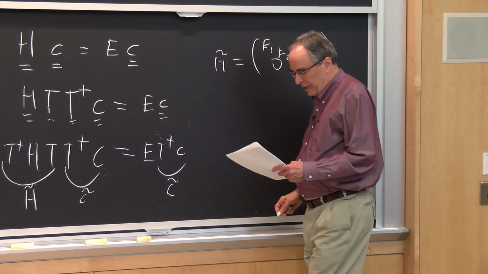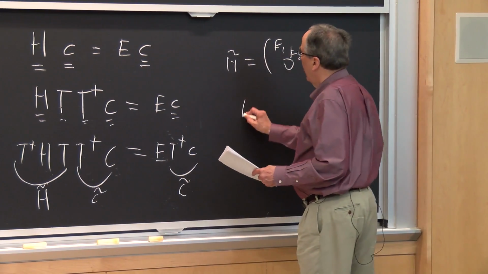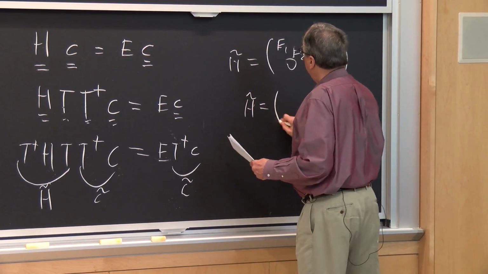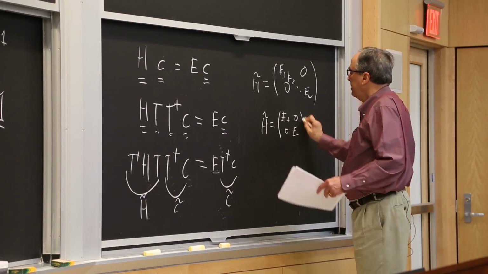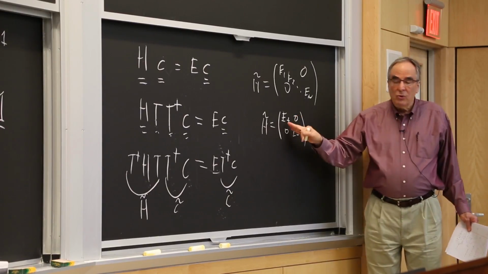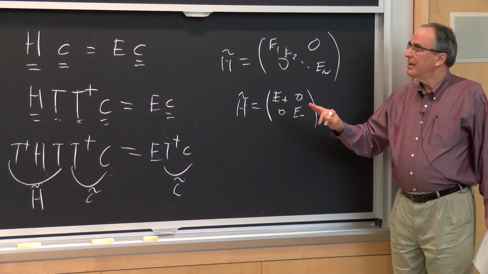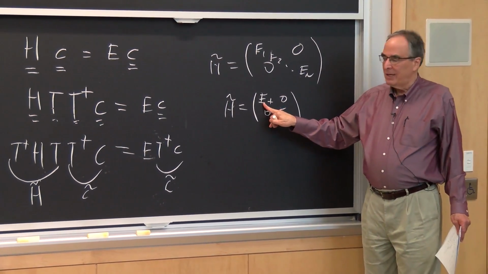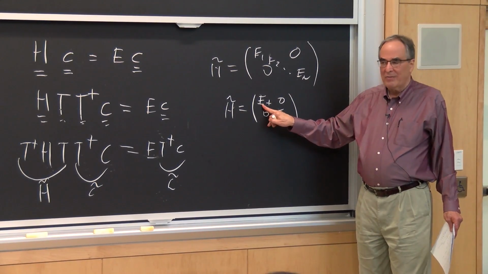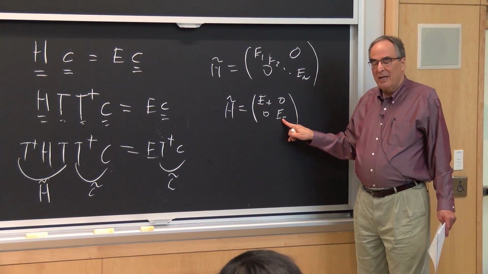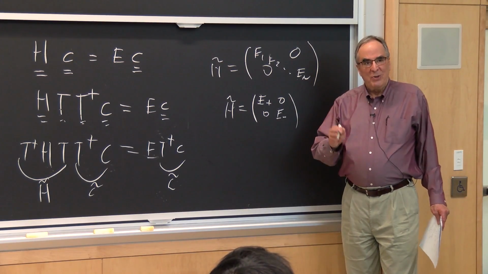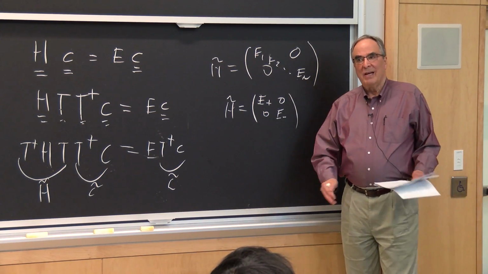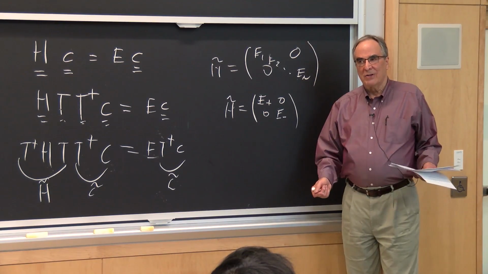So for the two-level problem, we want to find the diagonal matrix with E plus and E minus. And usually, E plus is the higher energy eigenvalue than E minus. Always, when you do this stuff, you get eigenvalues and you get eigenvectors.